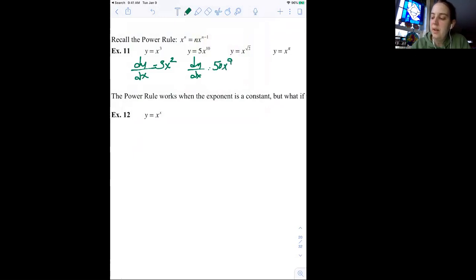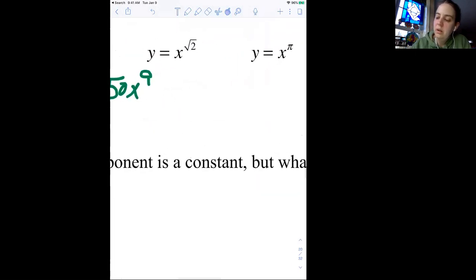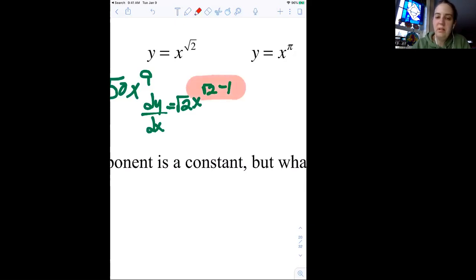No problem. This one's a little bit messier. dy/dx, let me zoom in here a little bit. dy/dx is root 2 x to the root 2 minus 1. What? Yeah, that's okay. This piece up here on the exponent, this could be a decimal.